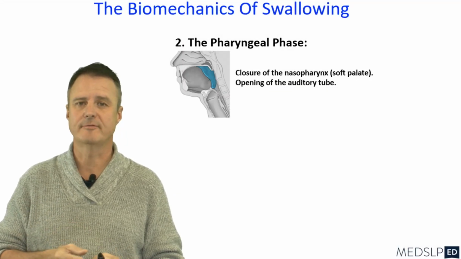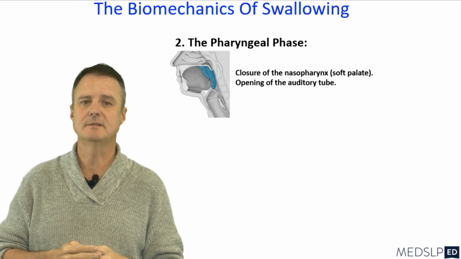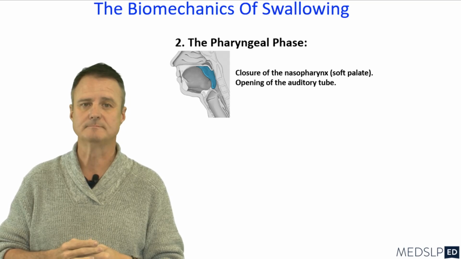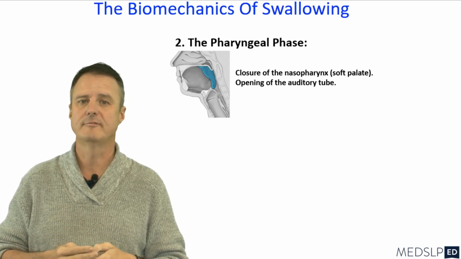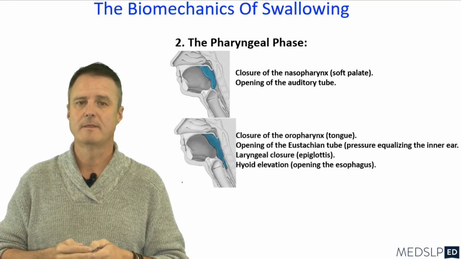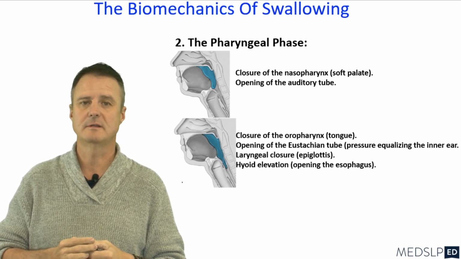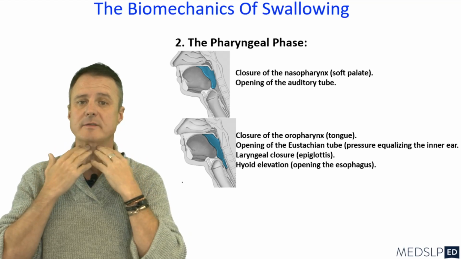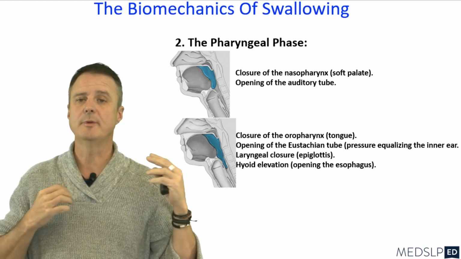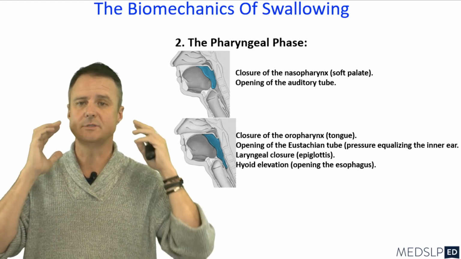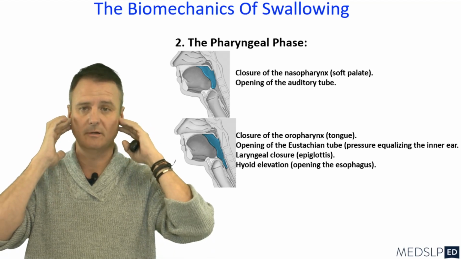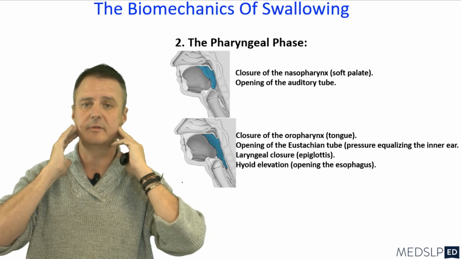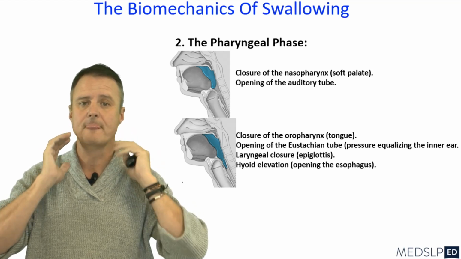The pharyngeal phase: this is the closure of the nasopharynx by the soft palate and the opening of the auditory tube. The next phase is the closure of the oropharynx, and that's done by the tongue. And it's the opening of the eustachian tube, which equalizes pressure between your inner ear and the cavities located within your mouth.